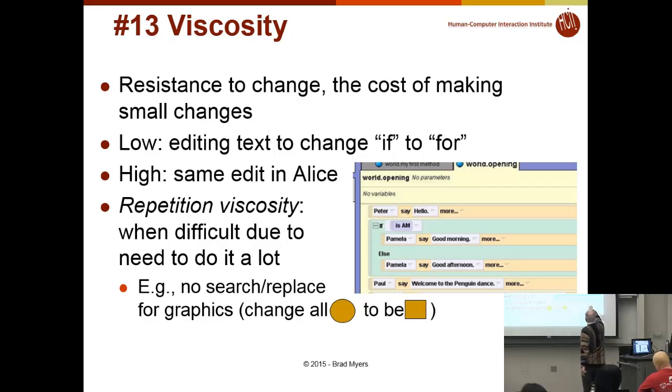But in visual programming languages, where you have all these graphics, typically you can't actually click on the if statement and make it a for statement. Typically you have to delete this whole green block and drag in a blue block, which is the for loop. And then, what happened to all this great stuff you did in the middle? Well, typically it's lost, and you have to type it over again.